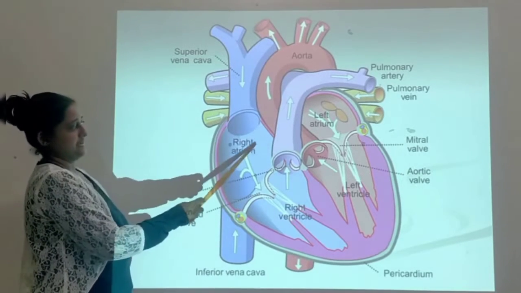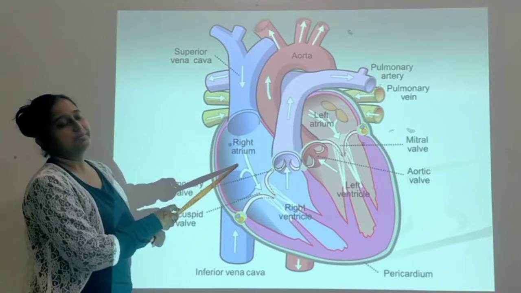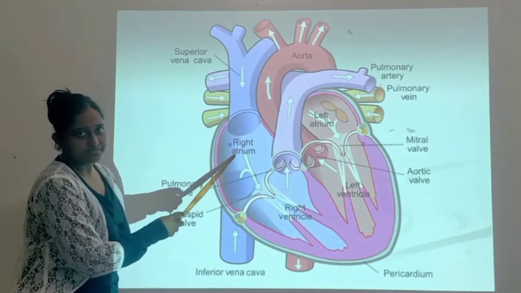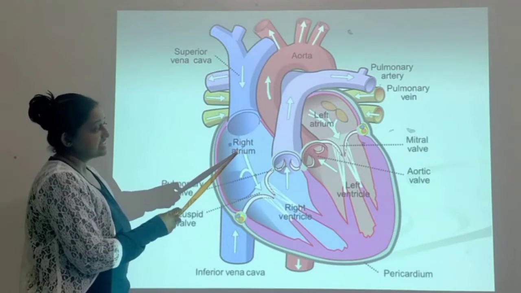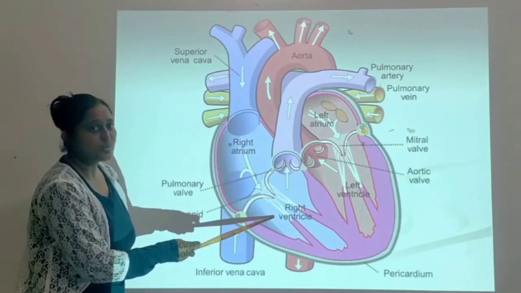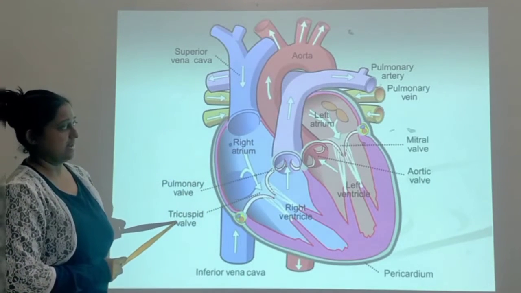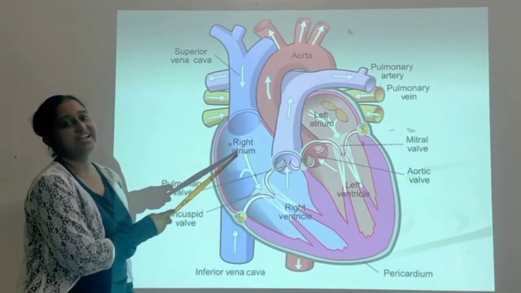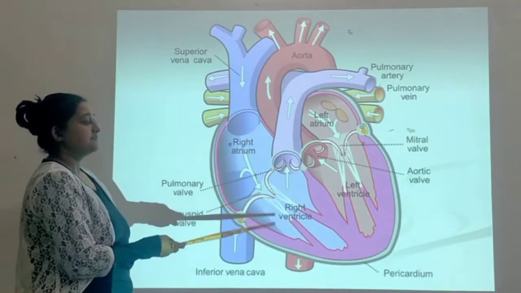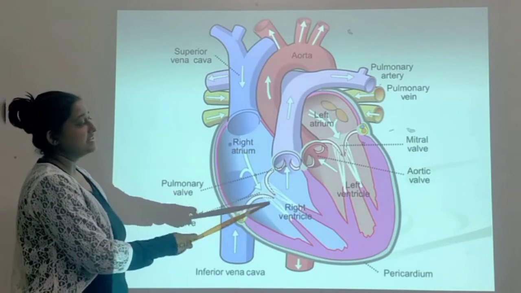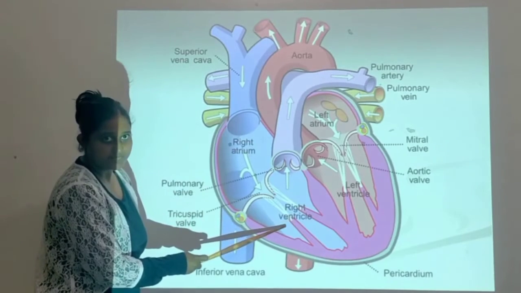From the vena cavae, the deoxygenated blood enters into the right atrium. From the right atrium, it enters into the right ventricle via the tricuspid valve when there occurs contraction of the right atrium. After opening of this valve, the blood enters into the right ventricle.